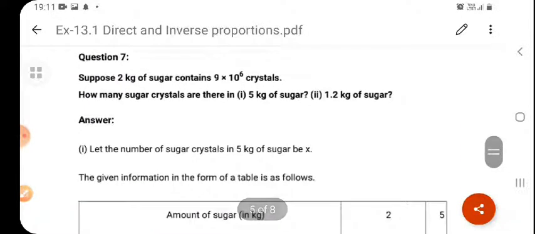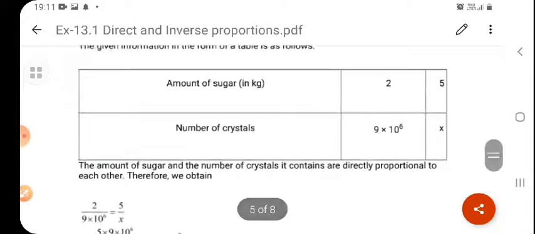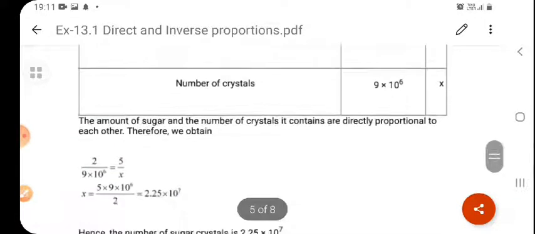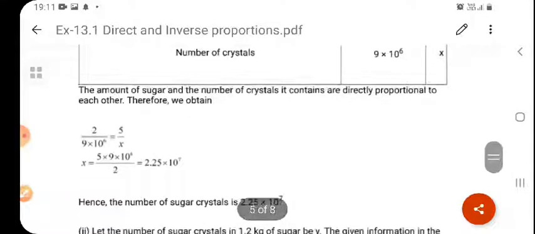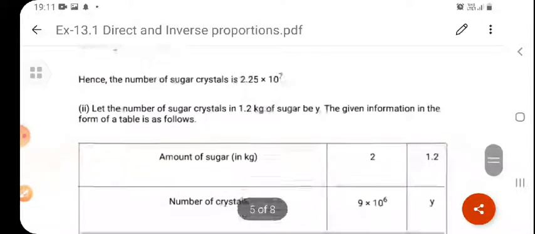Suppose 2 kg of sugar contains 9 into 10 to the power 6 crystals. How many sugar crystals are there in 5 kg of sugar and 1.2 kg of sugar? So here we are given the number of crystals, which we have to find. We will consider it as x. So for the amount of sugar, we find x as 2.25 into 10 to the power 7 sugar crystals.